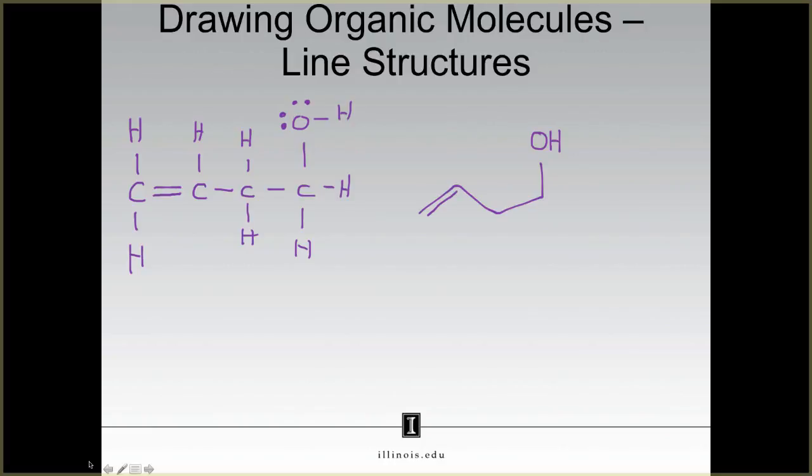Now, how does the line structure on the right correlate to the structure I originally drew on the left? When drawing or interpreting a line structure, there are a few rules you need to be aware of. Located at the intersections, corners, or vertices, whatever word you prefer, of a line structure, you will find carbon atoms.